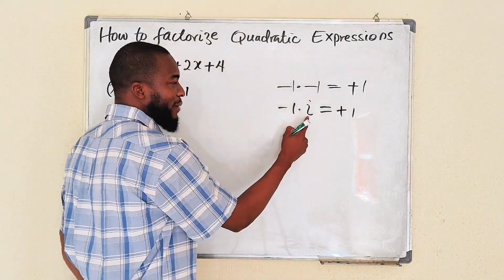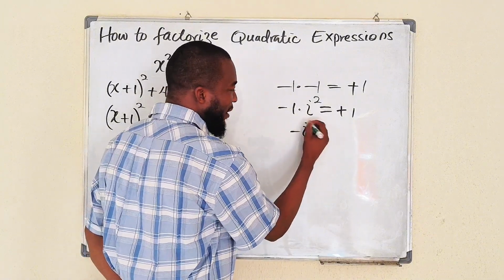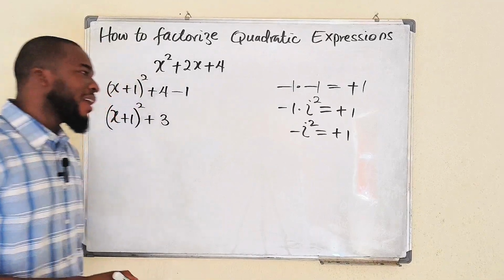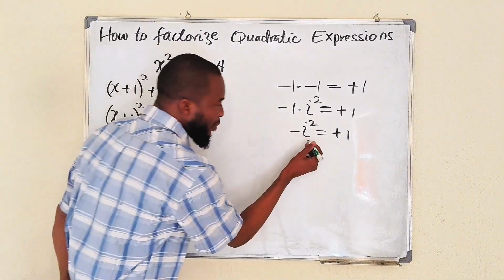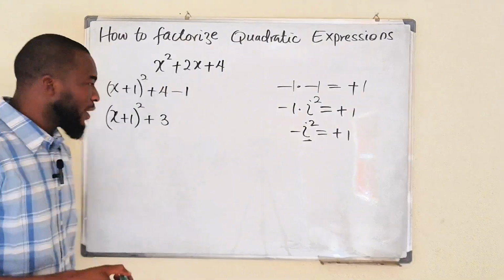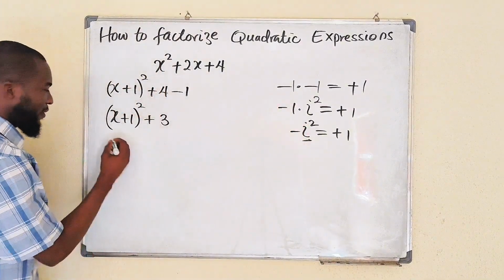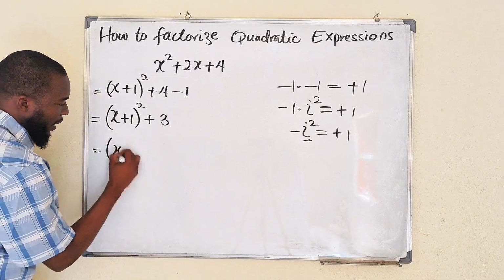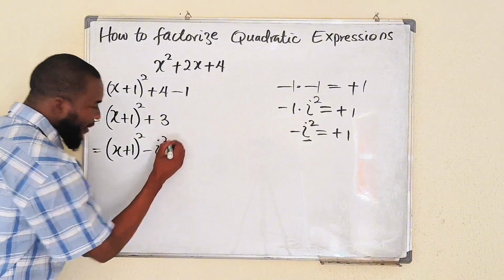This is going to give us negative i squared equals plus 1. So wherever I encounter a positive sign, I'm going to replace it with negative i squared. So this is equal to x plus 1 whole squared minus i squared.